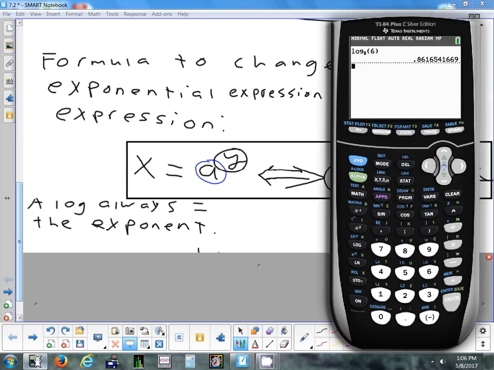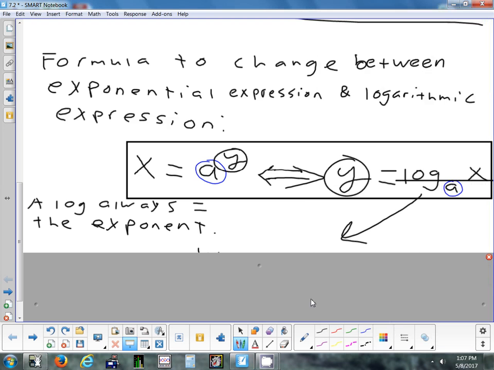So when I just type that in, this number 0.86, that's an exponent. It's an exponent to some problem, whatever this calculation is solving. But anytime you press log, press a button, hit enter, that number is an exponent. So a logarithm always equals whatever the exponent was.